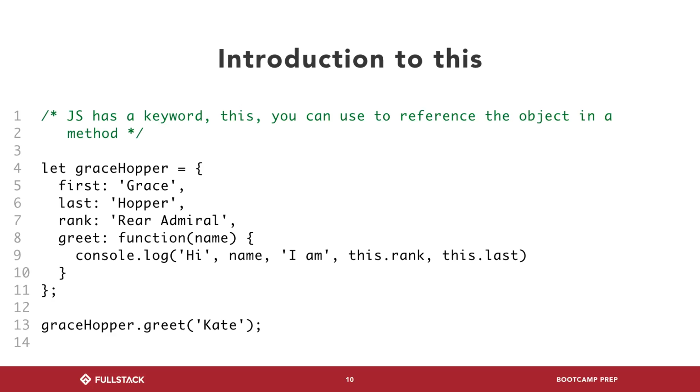So if I use array.indexOf, this would refer to the array, right? And the important thing to know is that when it refers to that array, it's tied to that instance of the array, as opposed to, say, the array class.